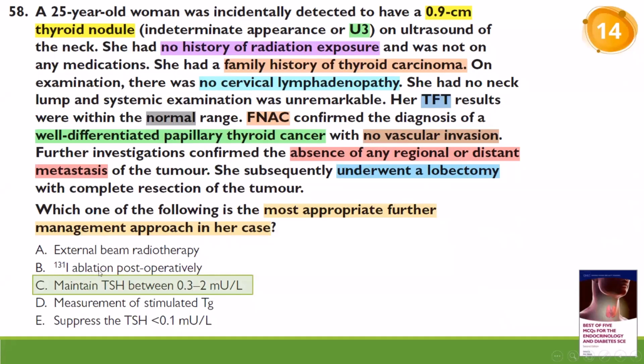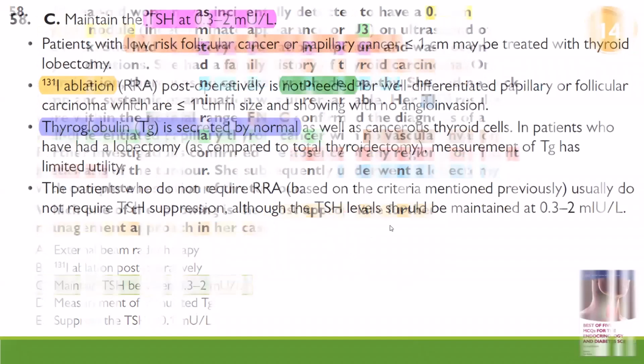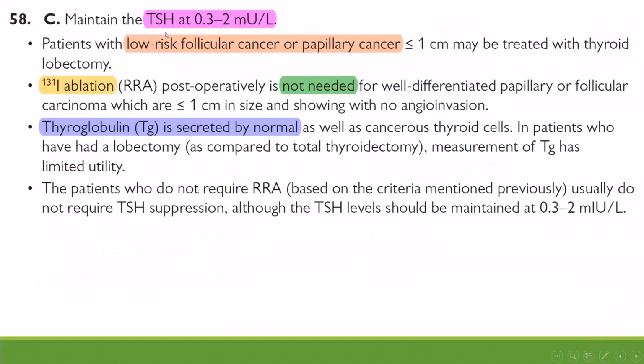So radioactive iodine post-operatively is not a good option. Also, stimulated TG is not a good option. Suppression of the TSH to less than 0.1 is only for the high risk group. In a patient presenting with papillary microcarcinoma and having a lobectomy, the ideal is to maintain TSH between 0.3 to 2, and this is the target for low risk follicular or papillary thyroid cancer.